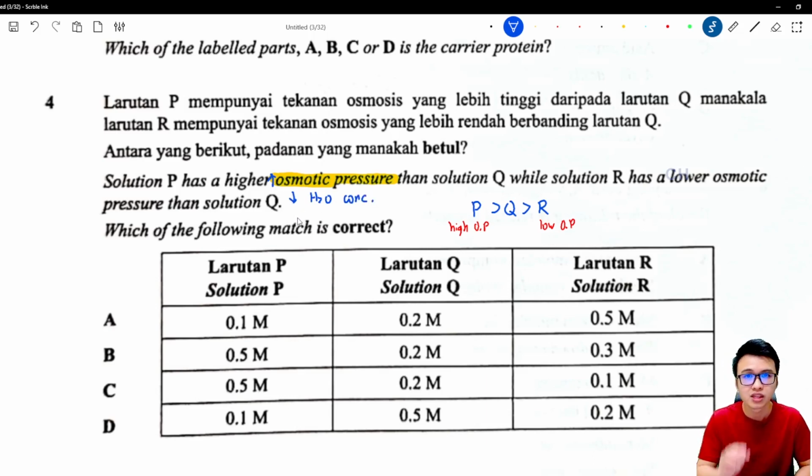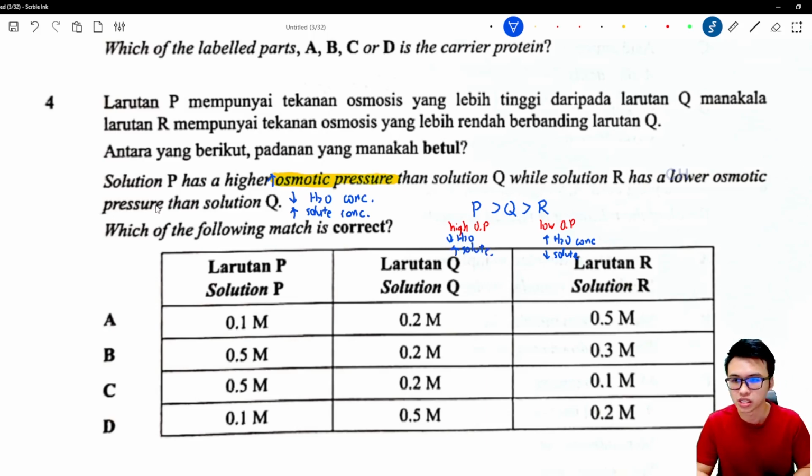In other words, you have a lot of solute inside the solution, which means a high solute concentration. Low osmotic pressure means high water concentration and low solute concentration. So here we have low water and high solute concentration.